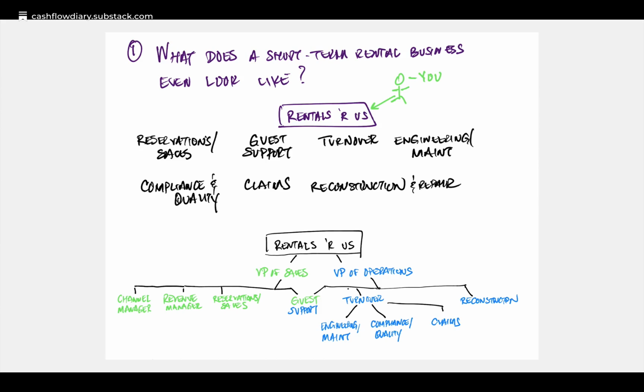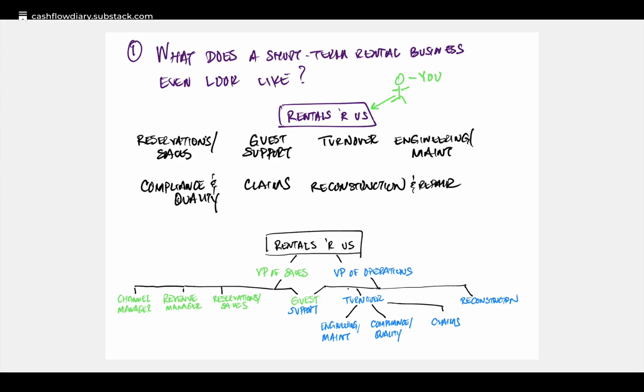Whatever that is, it's probably going to be handled by this reconstruction, because it can be a challenge if you're already operating a particular unit or location, to where you have time to get back into that unit so that you can actually fix whatever it was that got broken.